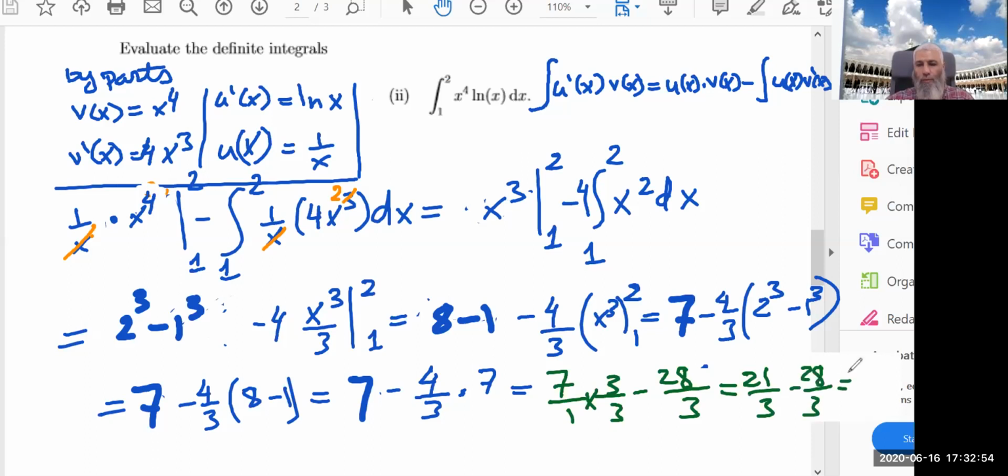So this is negative 7 over 3. This is the answer.